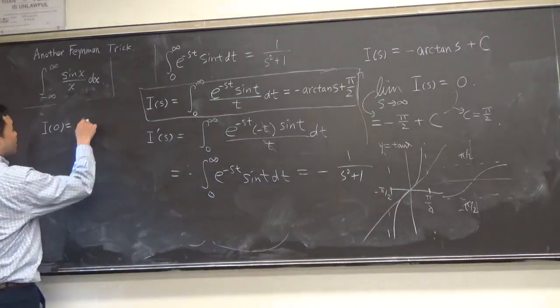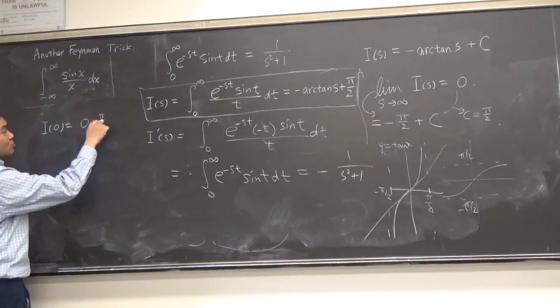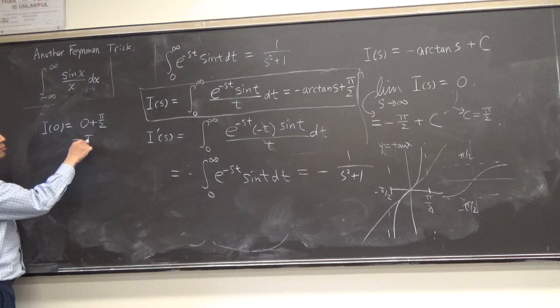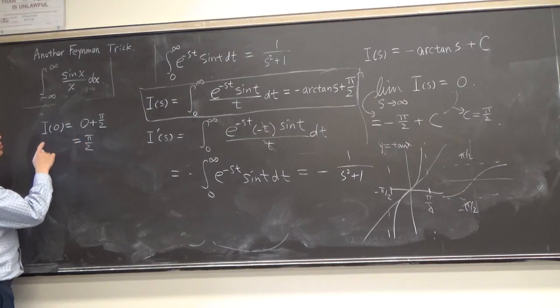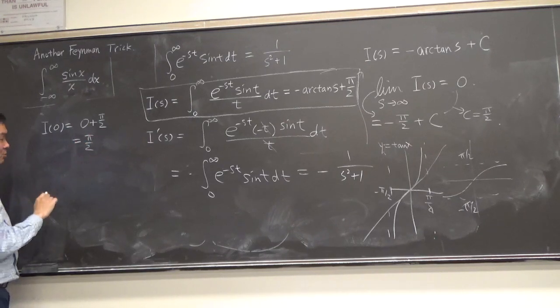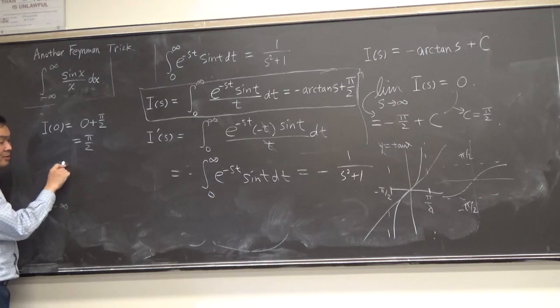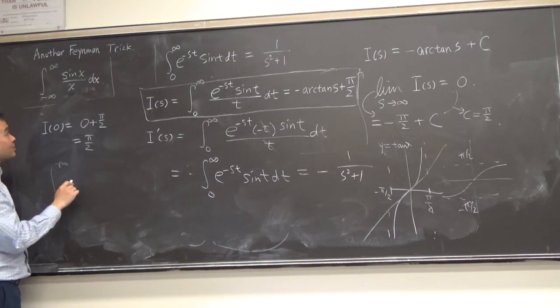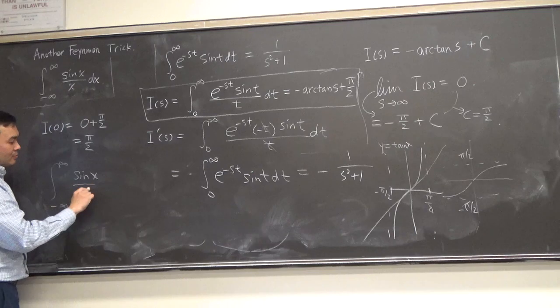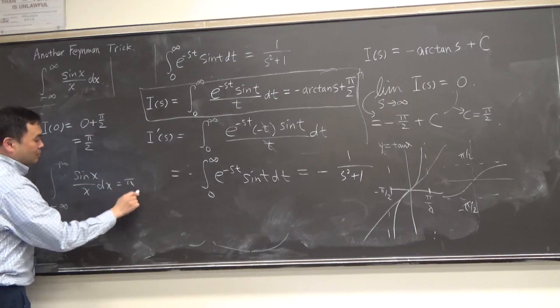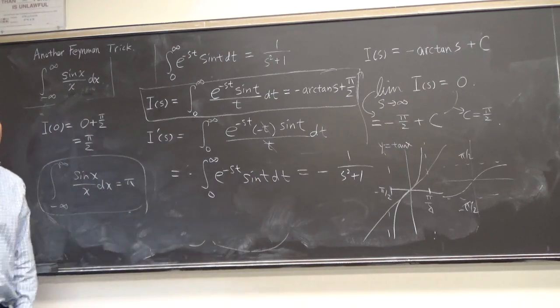So you get 0 plus pi over 2, which is pi over 2. But this is the integral from 0 to infinity. What's the integral from negative infinity to infinity? Pi. That's the result.